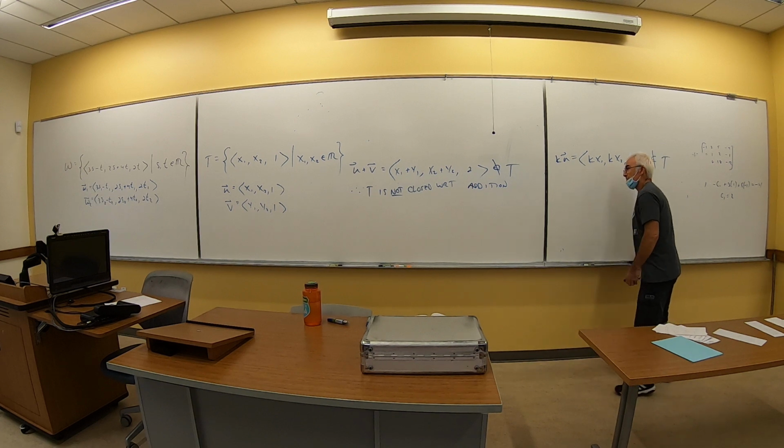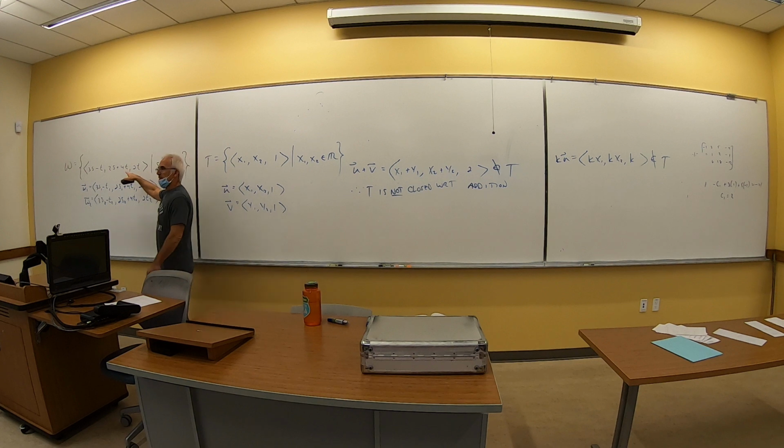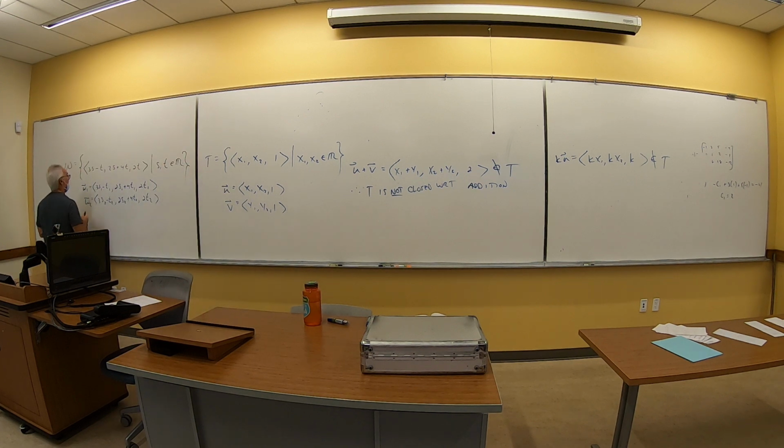Now, maybe the easiest one of all. Where do these vectors live ultimately? This is really important. 1, 2, 3. Where do these vectors live? In R3. W is a subset.